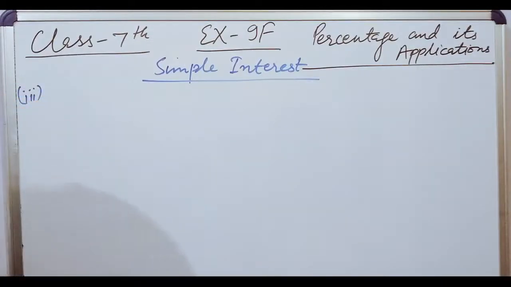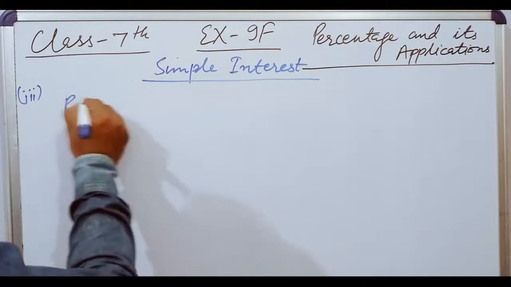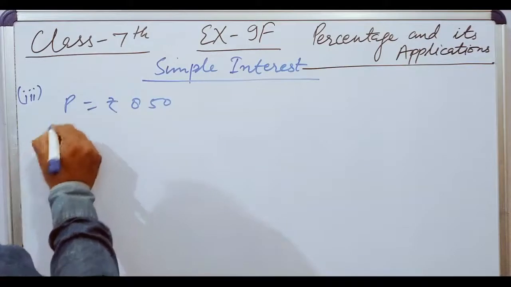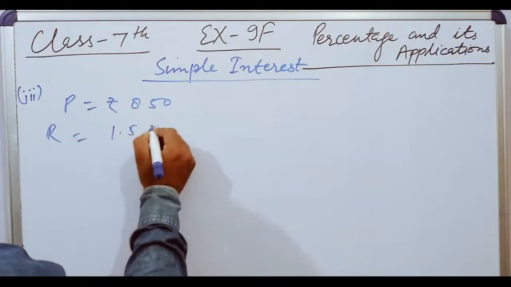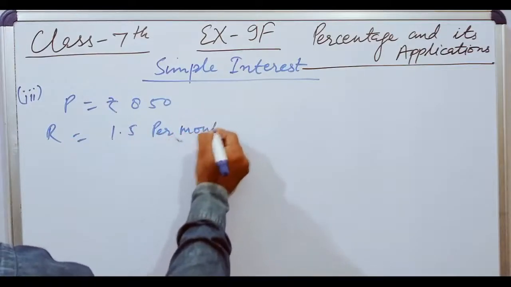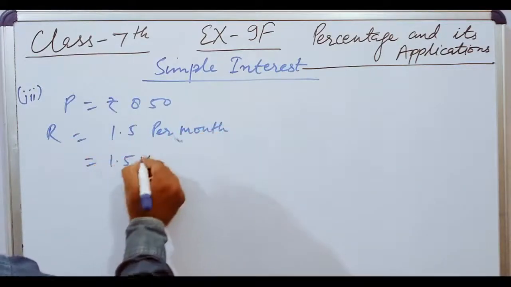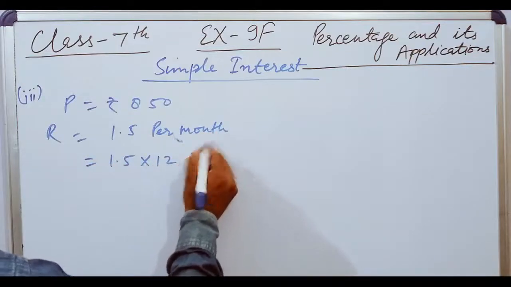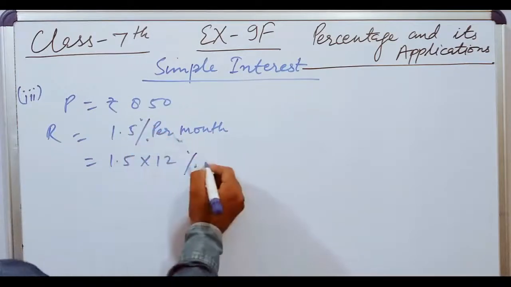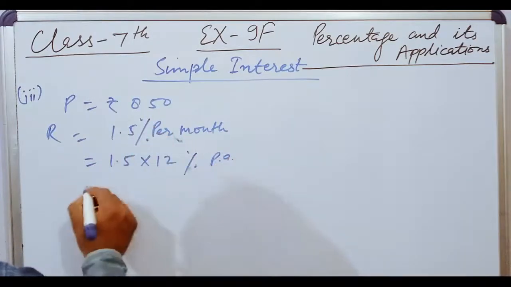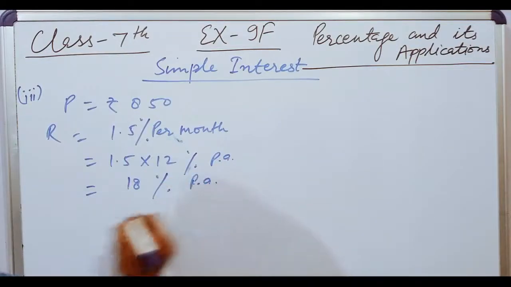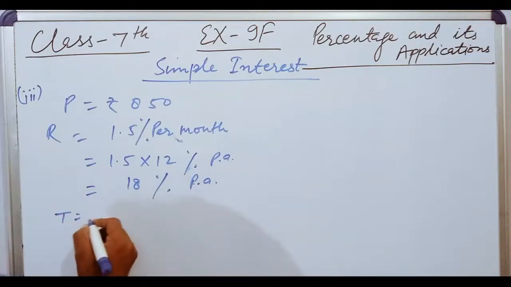Now, the third part. Find the simple interest and amount when principal is rupees 850, rate is 1.5 per month, and time is 1.3 years. Per month means 1.5 into 12, which is 18% per annum.